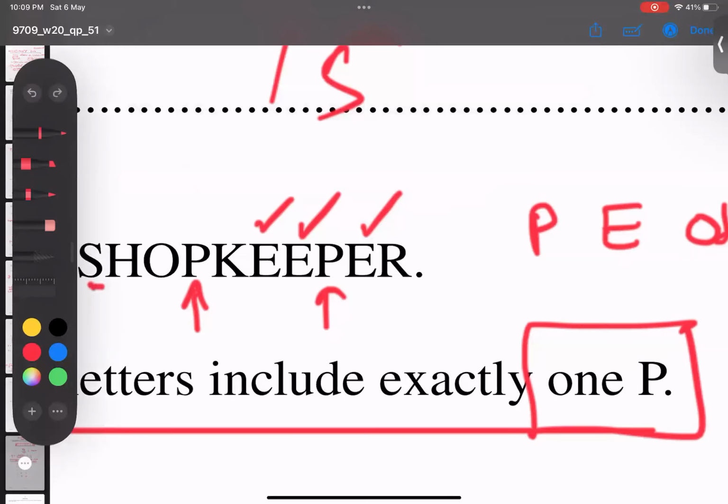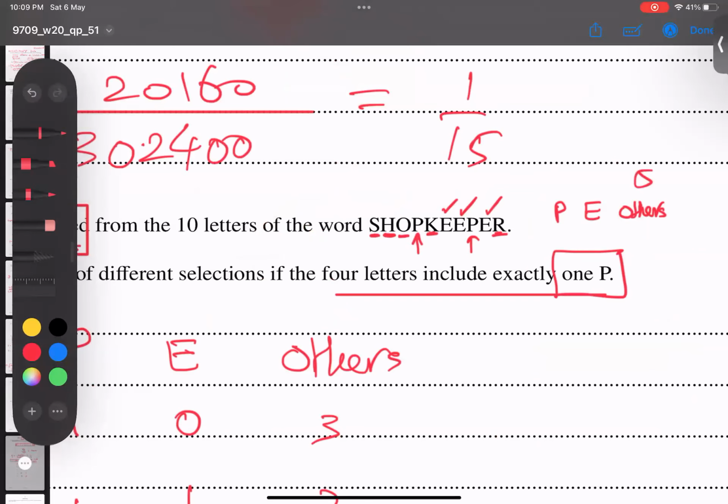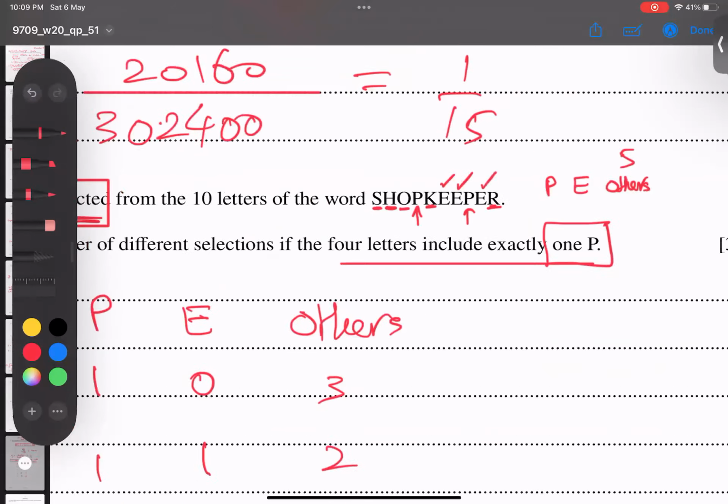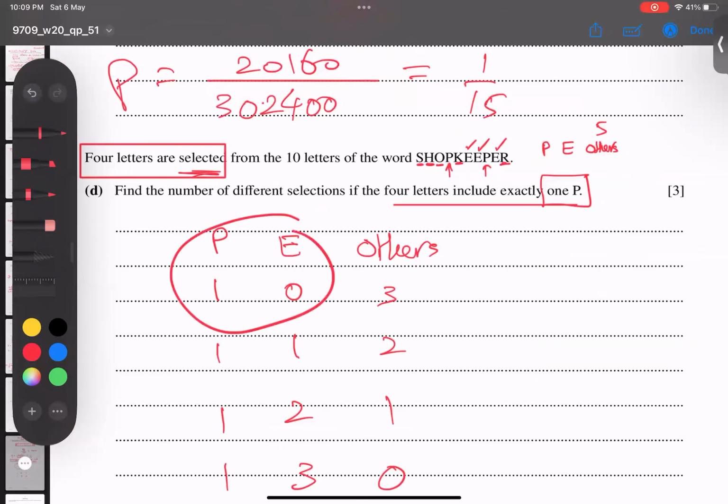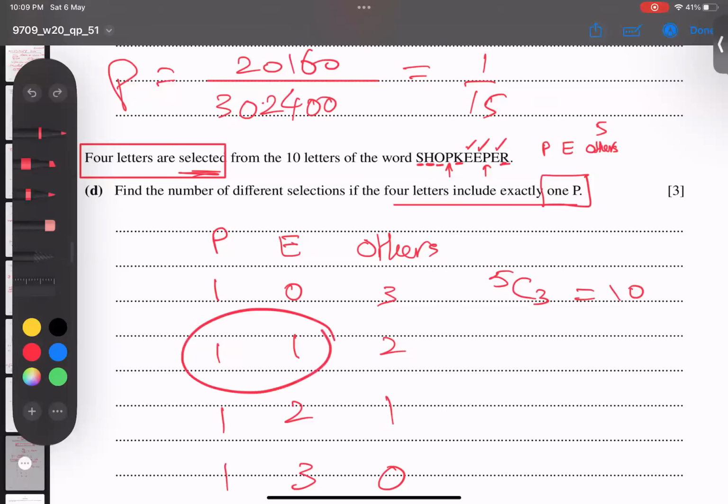All right. I underline 1, 2, 3, 4, and 5. So 5 other letters we have. So naturally, 5C3. You need to type in 5C3, but I know the answer coming is 10. So if one E is there already, here no issue, this one is okay.